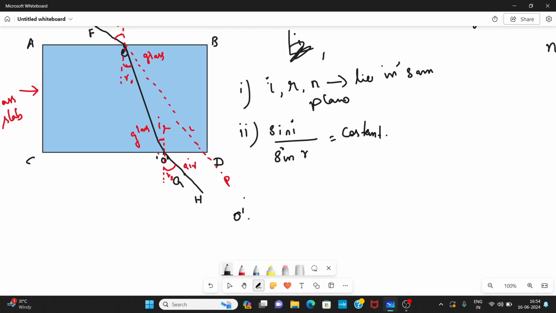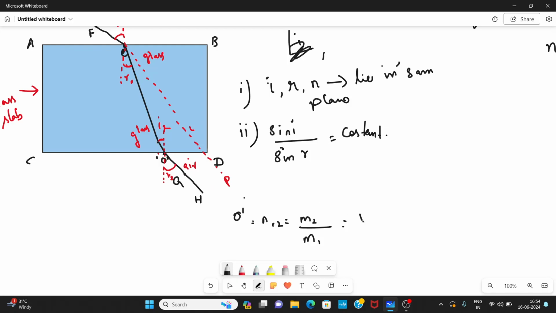what is the refractive index here? N12. That is the speed of light in medium 2 by the speed of light in medium 1. So what is the medium 2 here? It is the air again. This is medium 1 and this is medium 2.